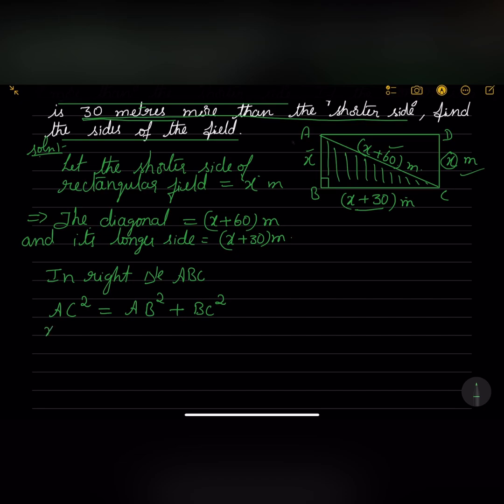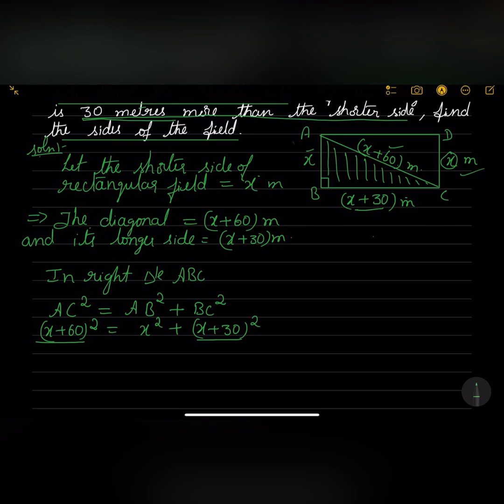It will be x plus 60 whole squared is equal to AB is x, x squared, plus BC is x plus 30 whole squared.